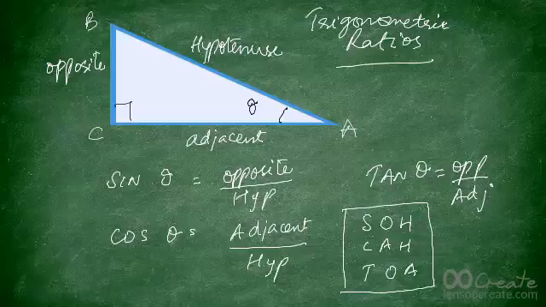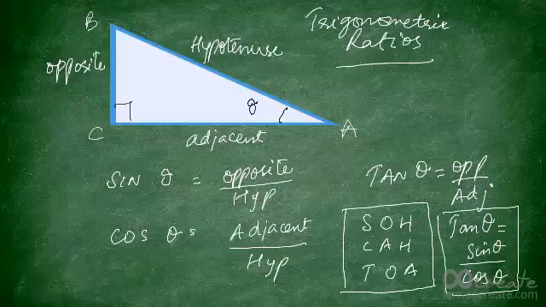Sine is opposite over hypotenuse, cos is adjacent upon hypotenuse, and tan is opposite upon adjacent. Tan can also be found as the ratio between sine theta and cos theta. That's also another useful shortcut finding the tan of a particular angle.